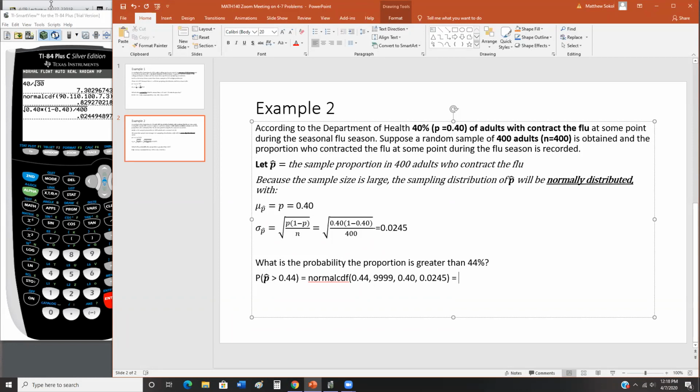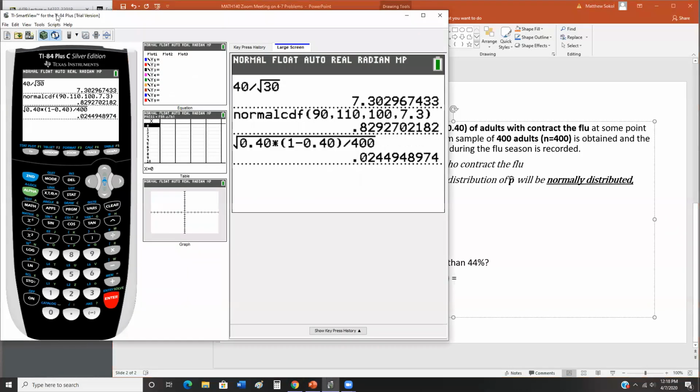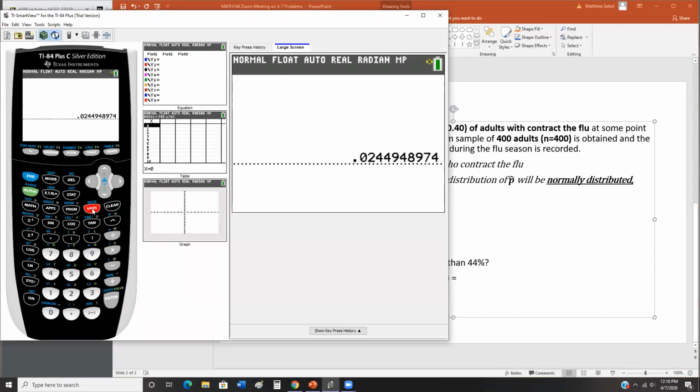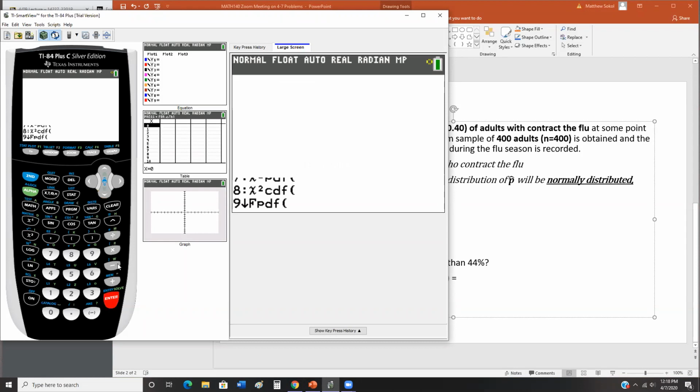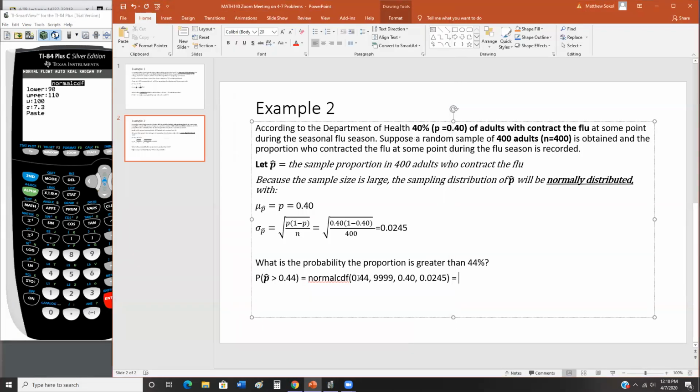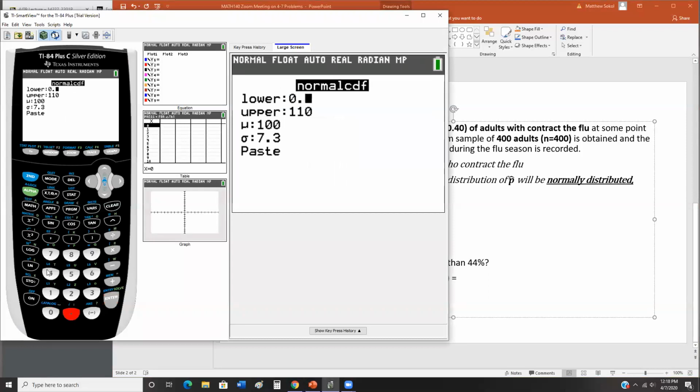And now when you go grab your trusty calculator for this, you're going to go second function, distribution, normal CDF, and you're going to have to put in these values here. So 0.44, comma, some ridiculous number.